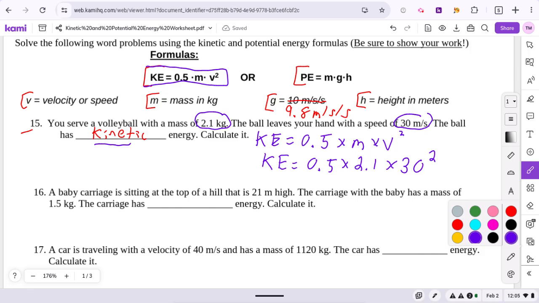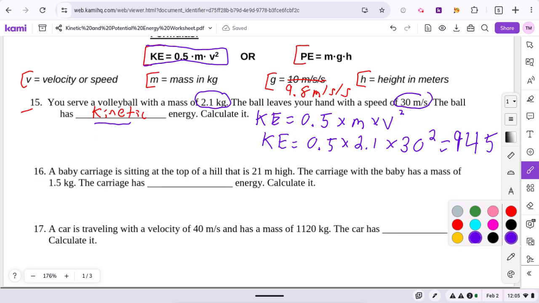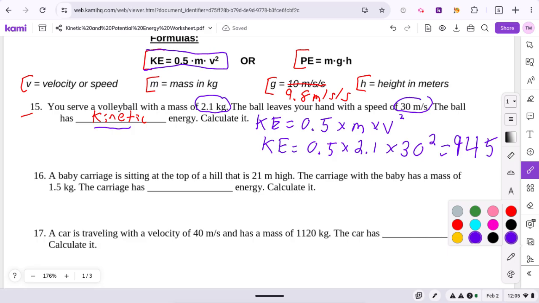So for this one, I would first square 30 since it's exponents first, and that'd give you 900, and then multiply by 2.1, and then multiply by 0.5. So your final answer should be 945. So once you know which type of energy it is, you just use the equation and plug in the numbers.